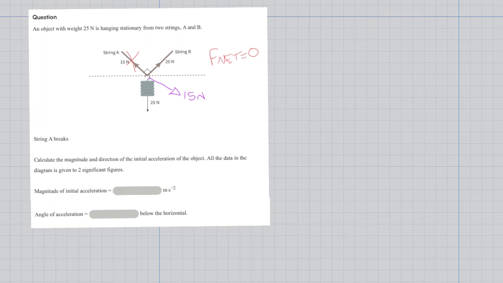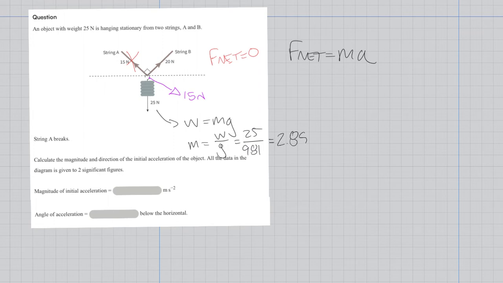And so to solve for acceleration, we simply need F net equals mass times acceleration. I'm going to use this concept of weight equals mass times gravity to get my mass. So my mass is simply going to be my weight divided by my gravity, which is going to be 25 newtons divided by 9.81, which is going to give me a mass of 2.55, and we'll just go 2 sig figs, so 2.6 kilograms.